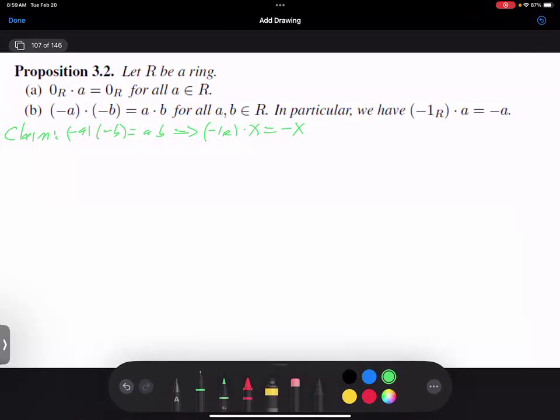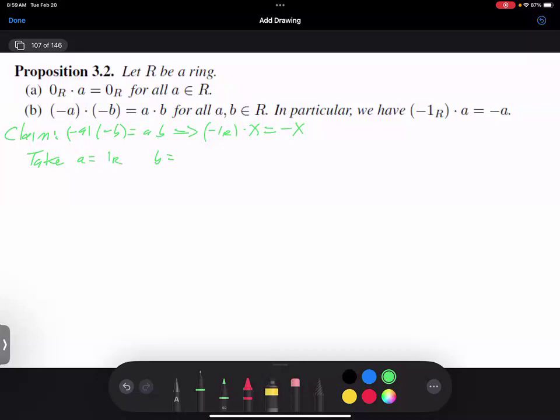What should we take A to equal? What would you try for A? One.